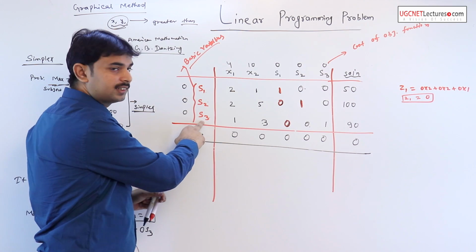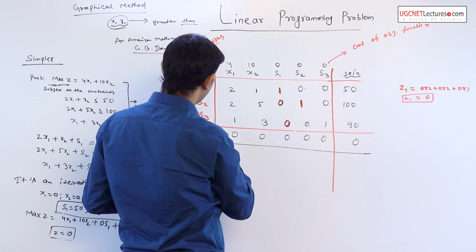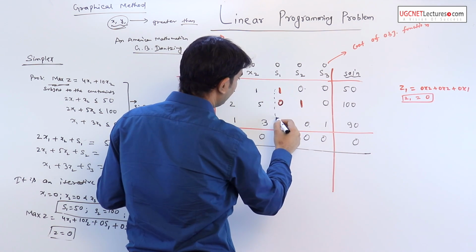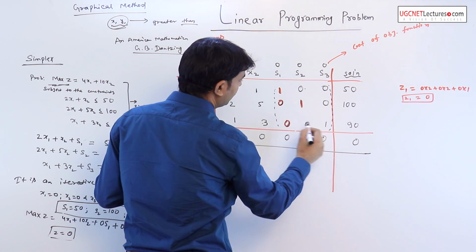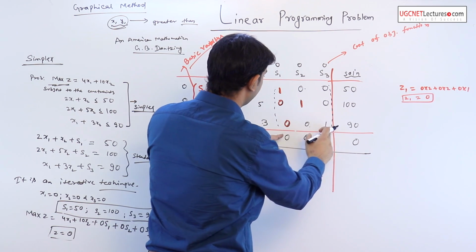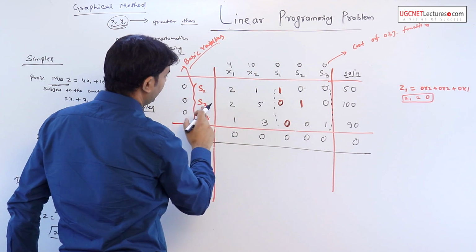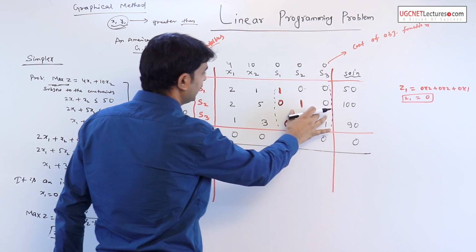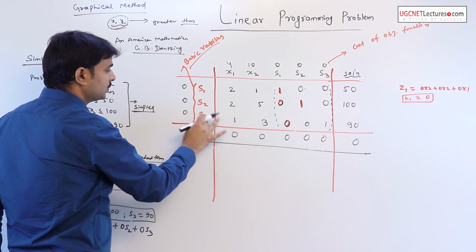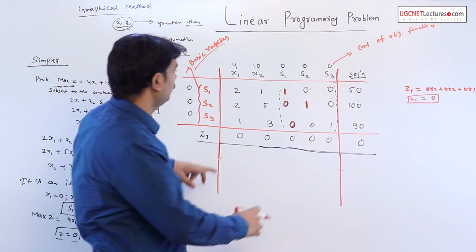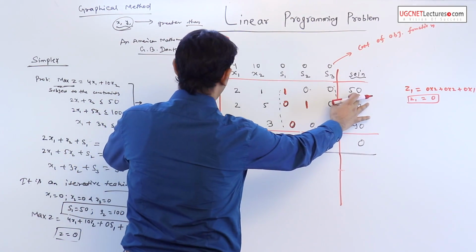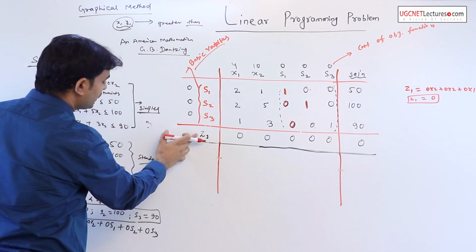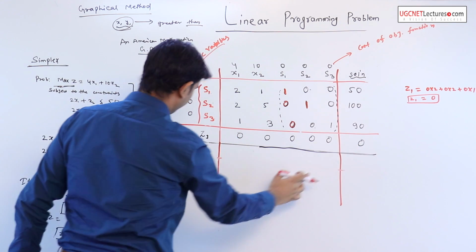And S3 is the third basic variable, so the coefficient of S3 is in I. So if we look at the 3 by 3 matrix, here coefficient of S1 1, S2 1, S3 1. So it is an identity matrix in order S1, S2, S3. So S1 equal to 50, S2 equal to 100 and S3 equal to 90 gives the objective function is 0.